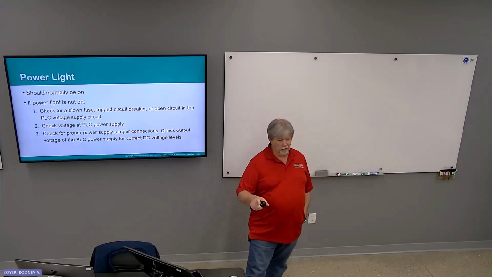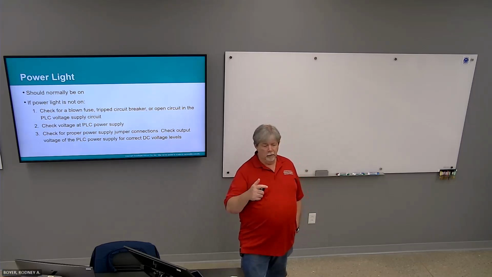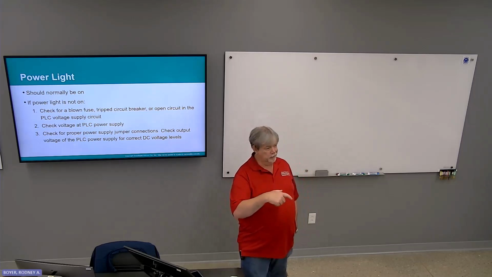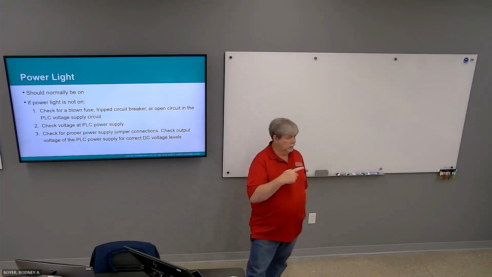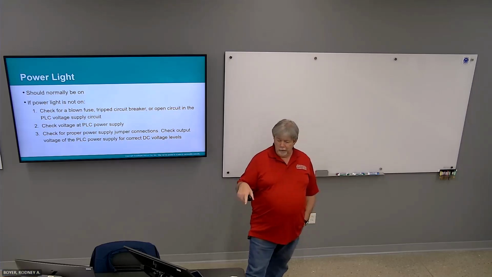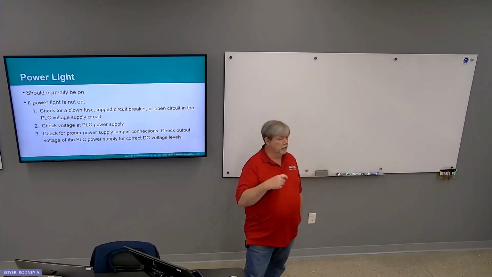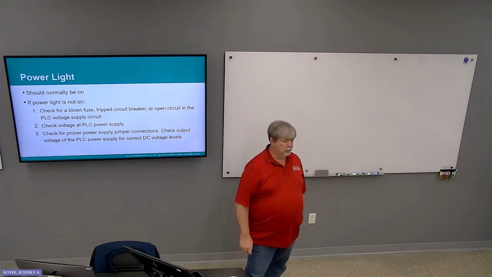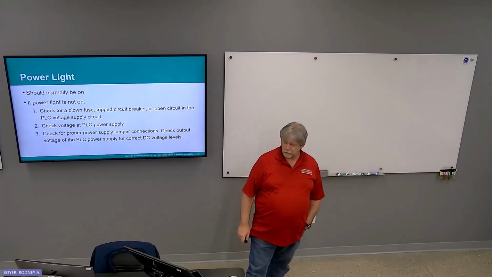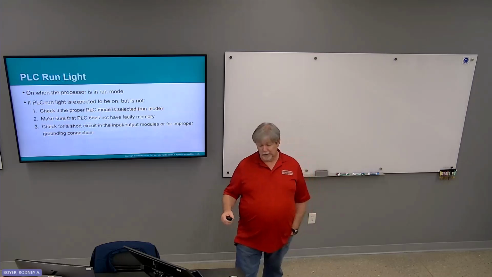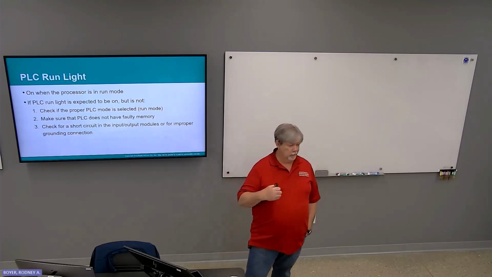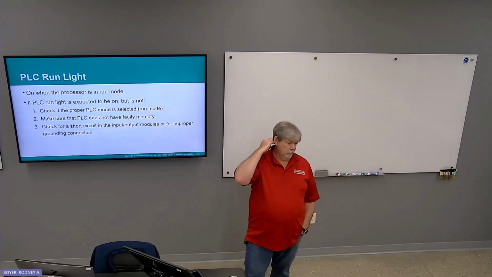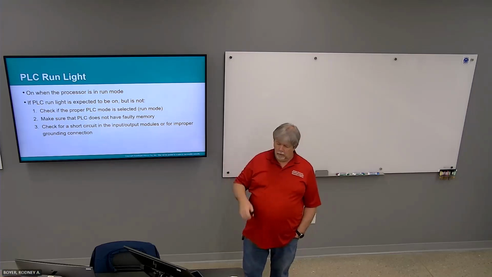Two and three on there are for the old SLC controllers. You can't do those on the MicroLogix. Make sure that the controller has power applied to it, but it in itself doesn't have its own power supply.